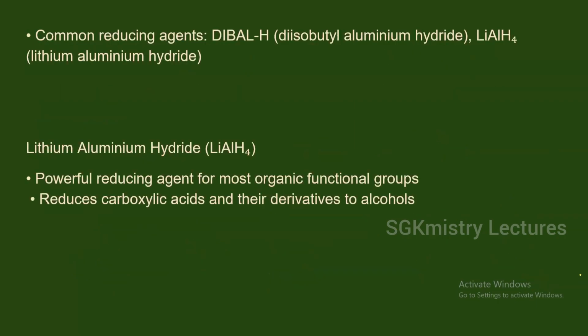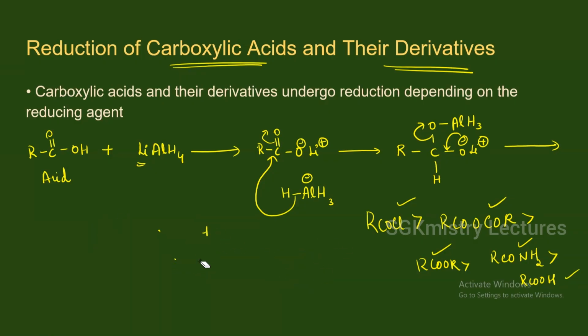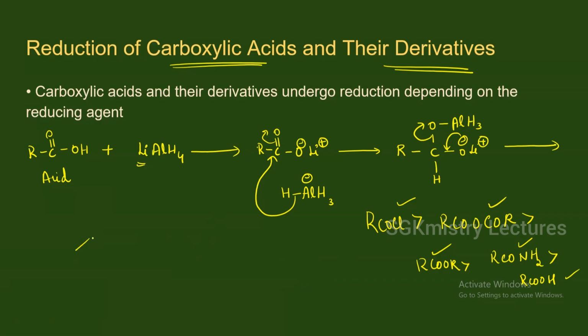So we can write one reaction with respect to this. Let me write it here itself, I'll just erase this and write, with respect to the reduction of the acid derivatives. Let us take one example. Here we have an OH group, here COOH, and here we have a methoxy group.